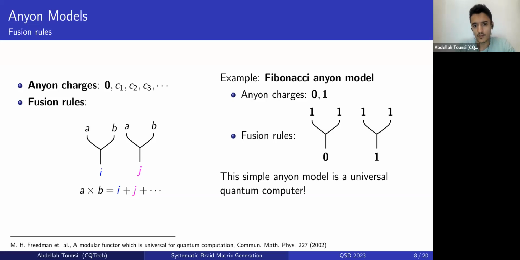Depending on fusion rules. Here, for example, we have the Fibonacci anyon model, which is a very simple anyon model that contains two anyon charges, the vacuum and the Fibonacci anyon, which is labeled 1 as well. The non-trivial fusion rules here are so simple.